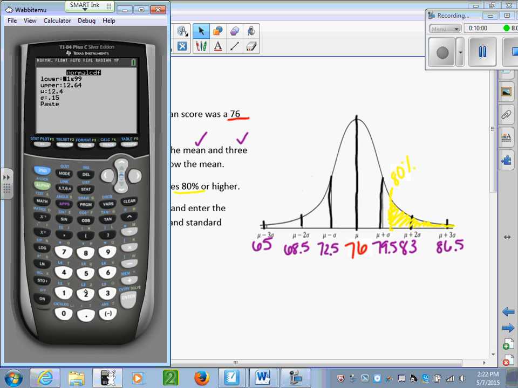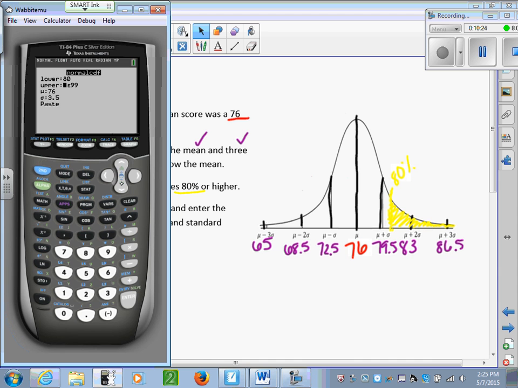My lower bound is 80. Okay, so on my calculator, I need to go to normal CDF, so I go to second vars. Normal CDF's number 2, so I hit number 2. And my lower bound is 80. Remember, I want from 80 and higher, so my lower is going to be 80. My upper is going to be infinity.